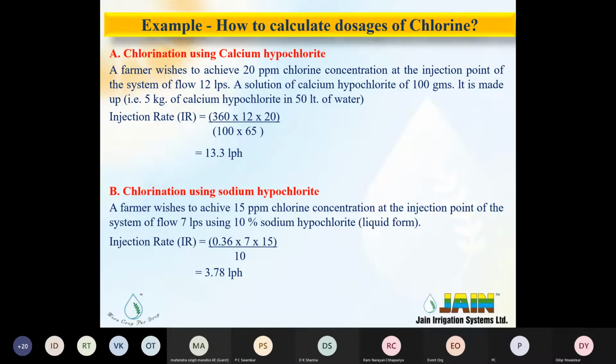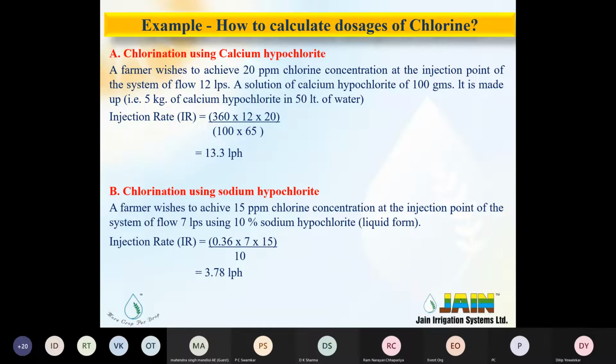If the farmer wishes to achieve 20 ppm of chlorine concentration, normally 10 to 20 ppm of chlorine is required at the end of the drip line. So to achieve 20 ppm in a flow of 12 liters per second, how much calcium hypochlorite should be used? This is the formula given.